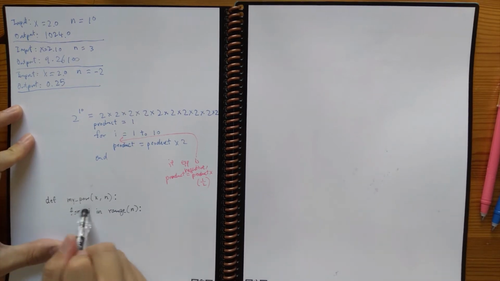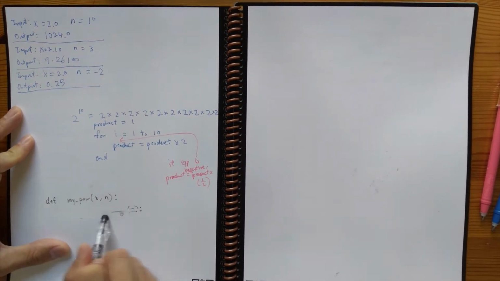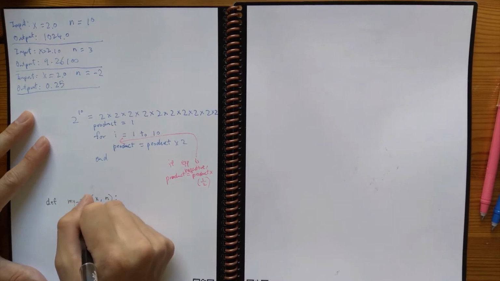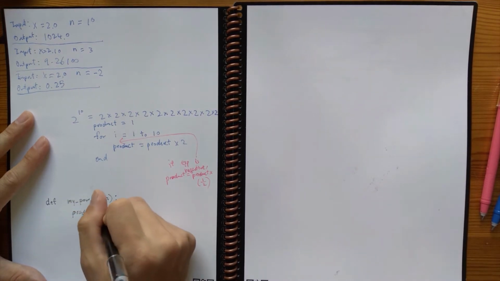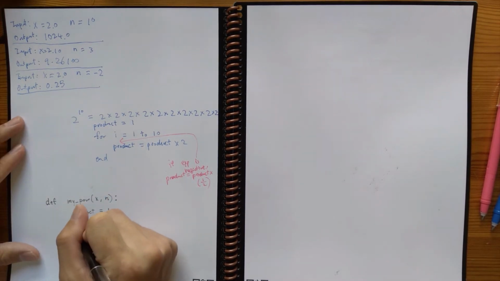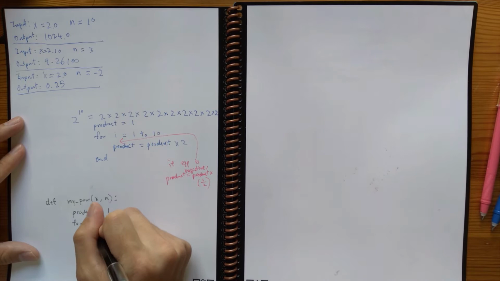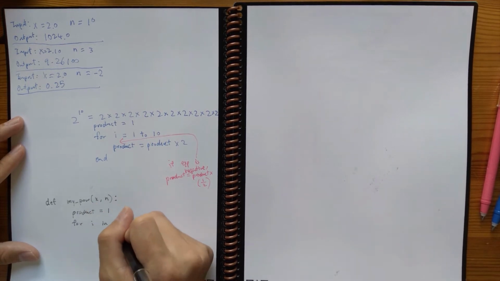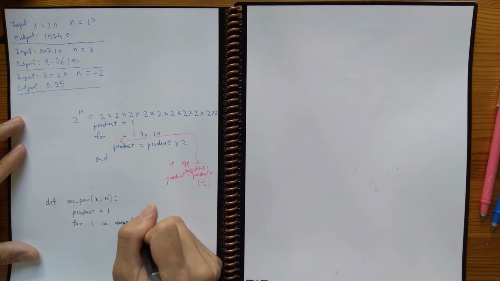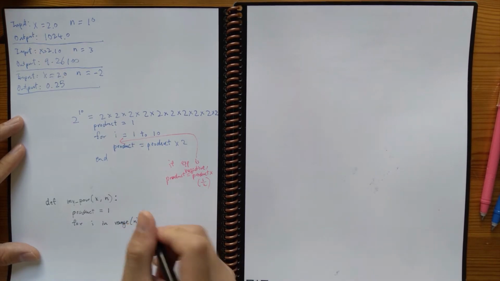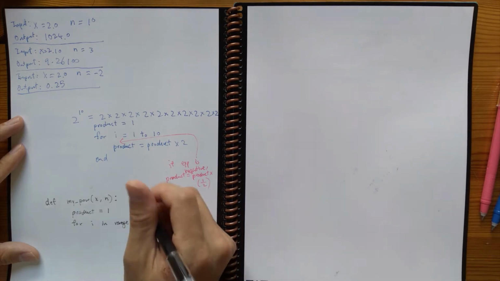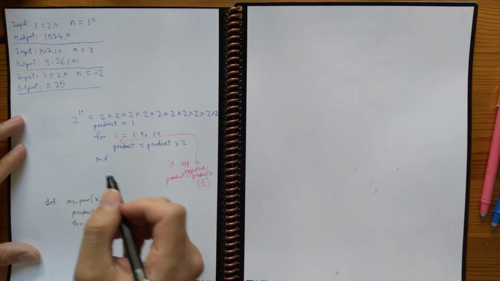Forgot to initialize the product. So product, we're gonna initialize it as 1, and now we're gonna do our for loop for i in range of n, which in Python, if you don't know, gives you a list.